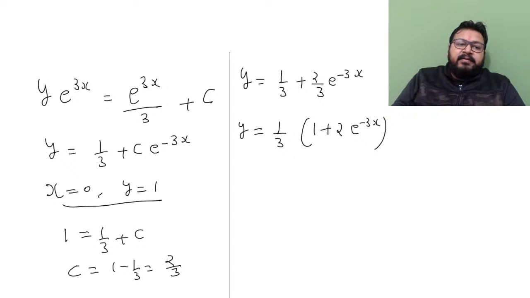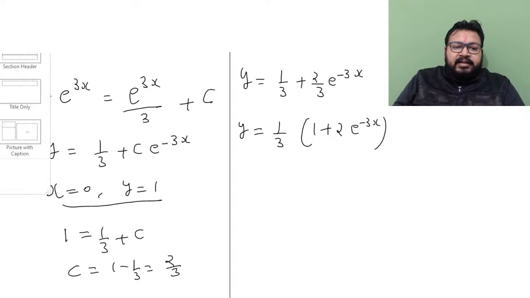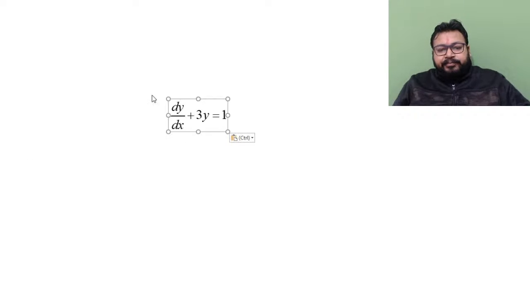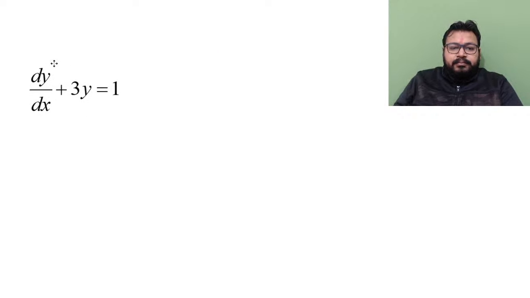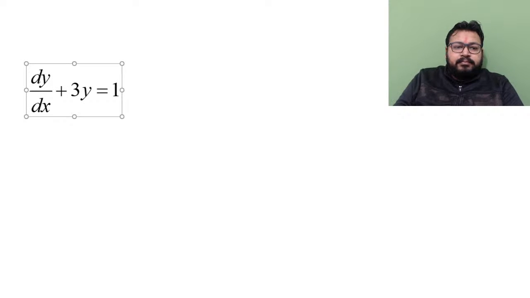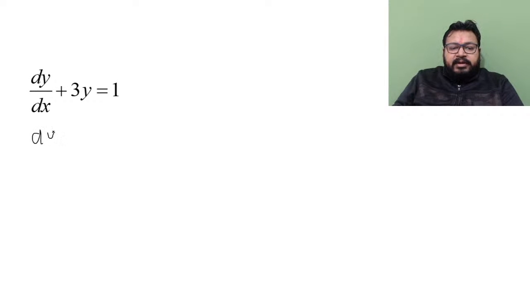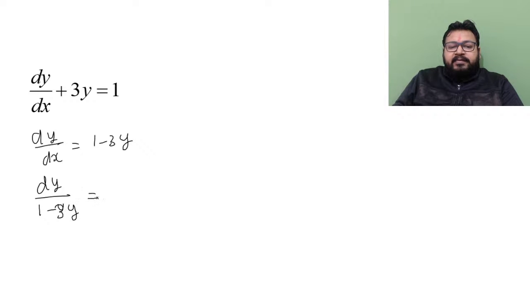ठीक है, तो ये मैंने सोल्व किया इंटीग्रेटिंग फैक्टर मेथड से। एक बार इसे वेरिएबल सेपरेबल से भी सोल्व करके देख लेते हैं कि उससे हमारा क्या आंसर आ रहा है। ऑब्वियसली आंसर तो यही आएगा। लेट अस चेक अगेन. So dy by dx will be equal to 1 minus 3y, or dy by 1 minus 3y is equal to dx.